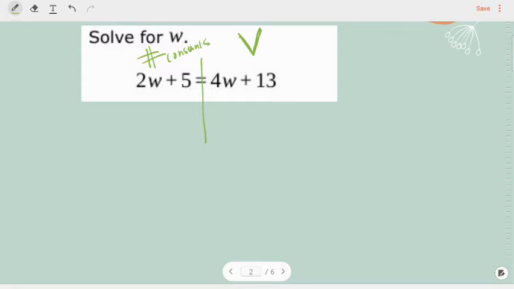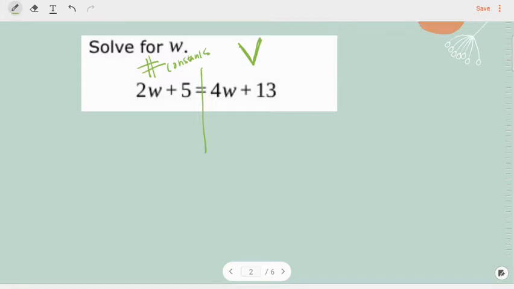So how do I move things across this equal sign? Remember, to move across the equal sign, or to take something off the scale, if you do it to one side, you have to do it to the other, and we use inverse operations. All right, so if this is the number side, we don't want any variables on that side.